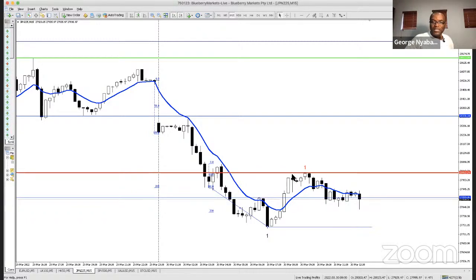This was the first test here. This was the first test there. Then the bulls tried to resume it. This is enough, low test, etc. They tried to resume it. They got to test again the low of yesterday, and the market turned again.